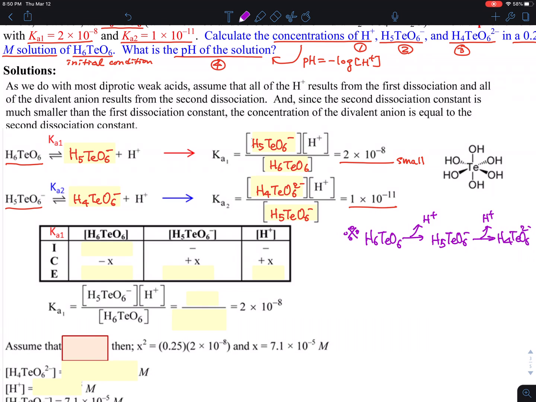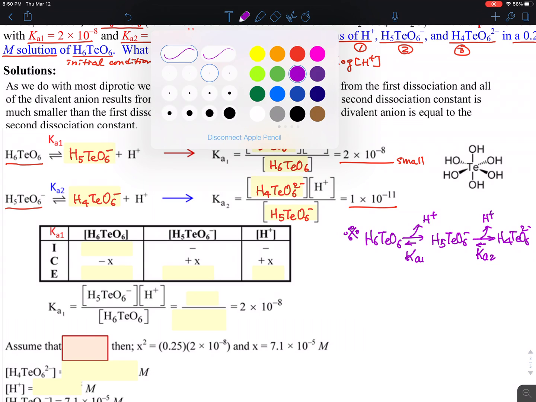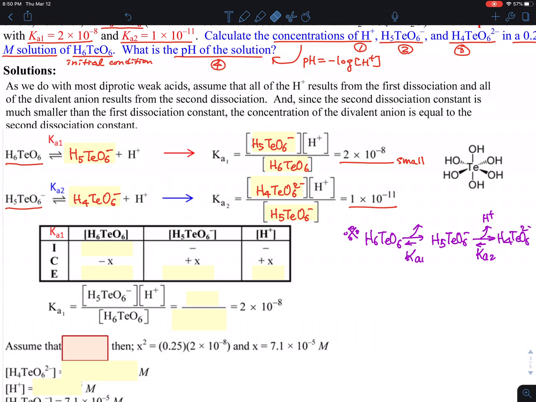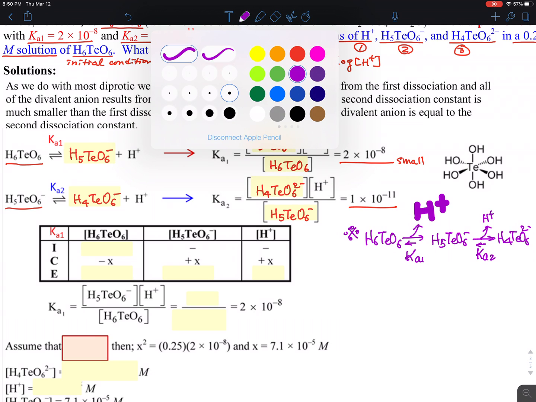So this is the scenario for Ka1 and Ka2, and it goes back and forth. One important concept here is that I am going to make this one big to visualize that the concentration magnitude is really large here.